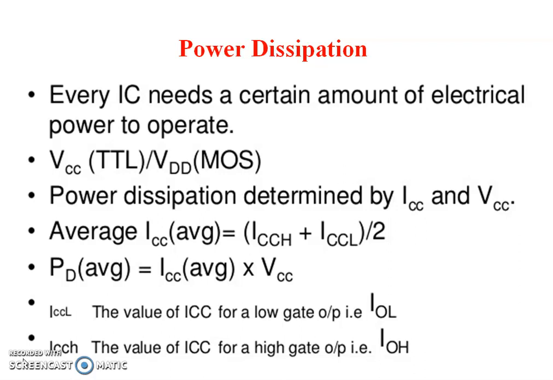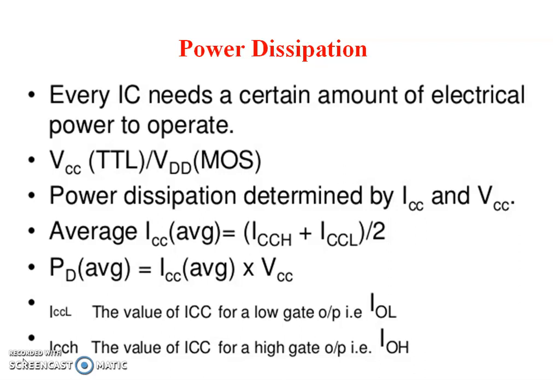It is 1 plus 3 divided by 2, equals 4 divided by 2, equals 2 milliamperes. So we can calculate the power dissipation equal to 5 into 2 milliwatts, equals 10 milliwatts.